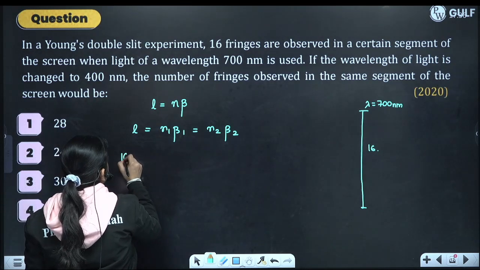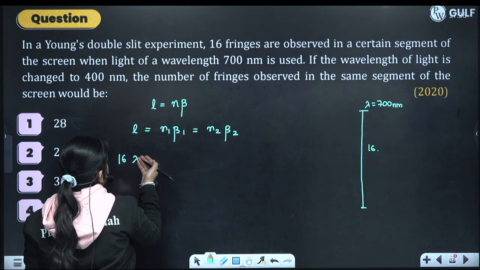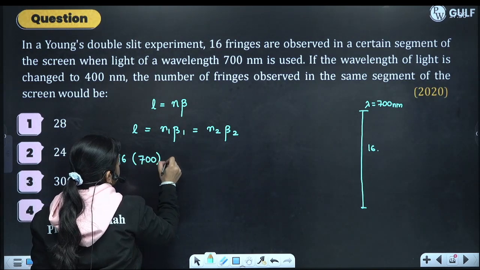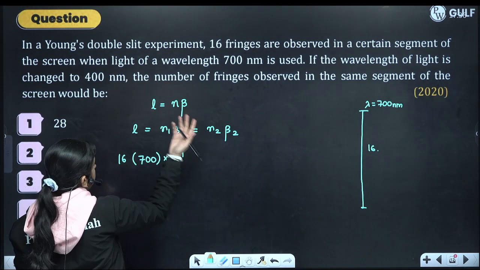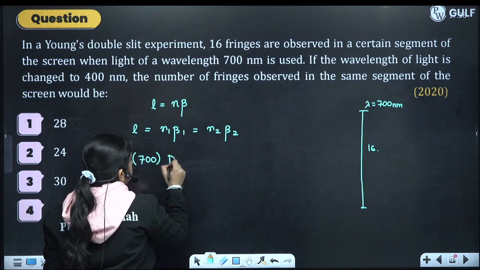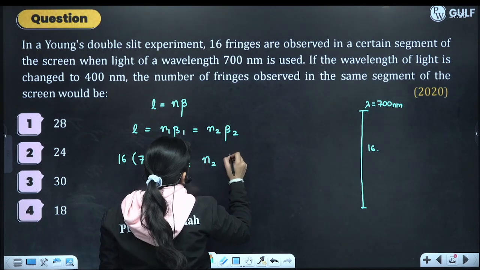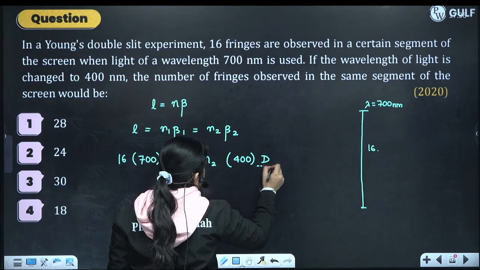Substituted 16 into lambda, which is given as 700 into 10 raised to the power minus 9, or just nanometer, it will get cancelled, no issues. We can write it as D by d is equal to N2 into lambda, which is 400 nanometer, into D by d.